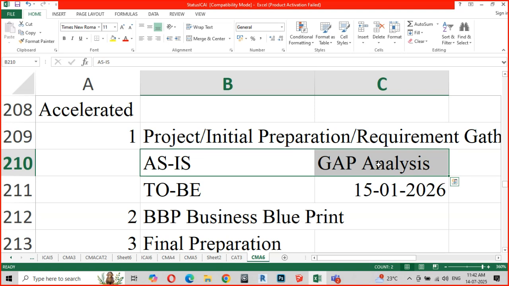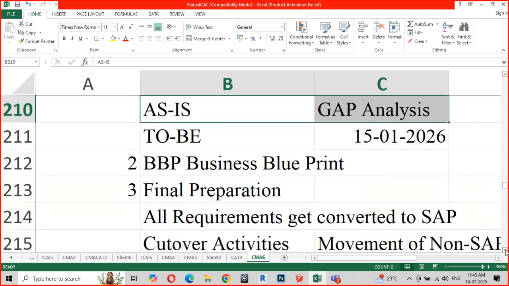So in order to avoid all these discrepancies at a later point in time, we always fall back on the business blueprint for us to stay in line with the requirements and stay in line with what the implementing company can deliver. So both the companies are aware and they know what has to be expected. Clear?